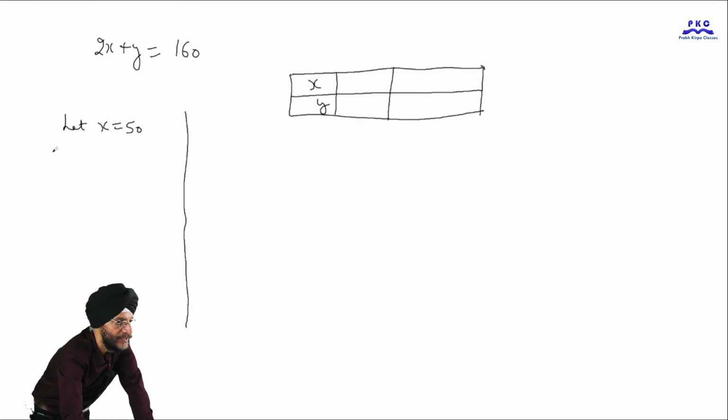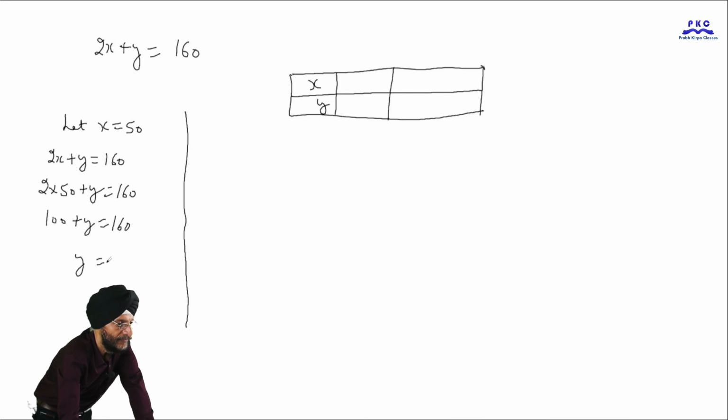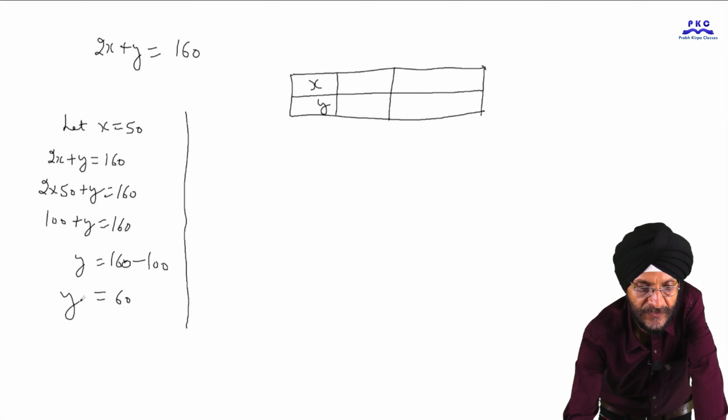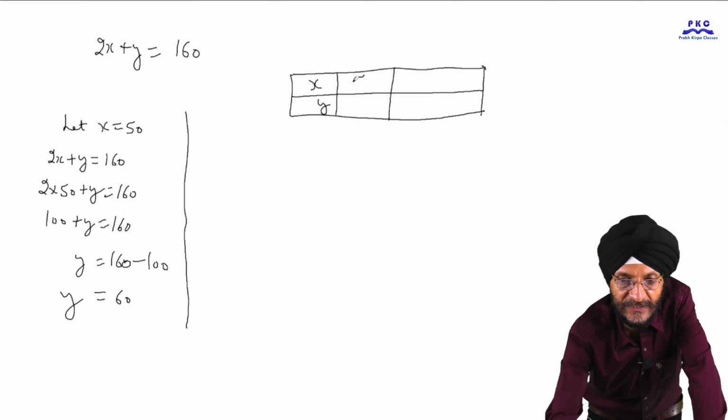What will happen? This is the equation, 2x plus y is equal to 160. Here we fill in the value of x. It will become 100 plus y is equal to 160. 100 will go to the other side and become negative. So here y is 60. When x is 50, y is 60.